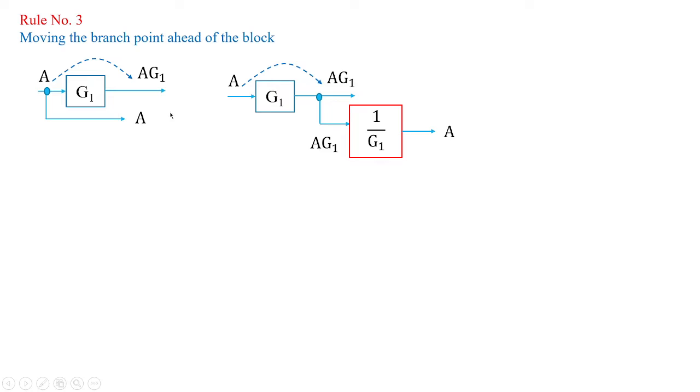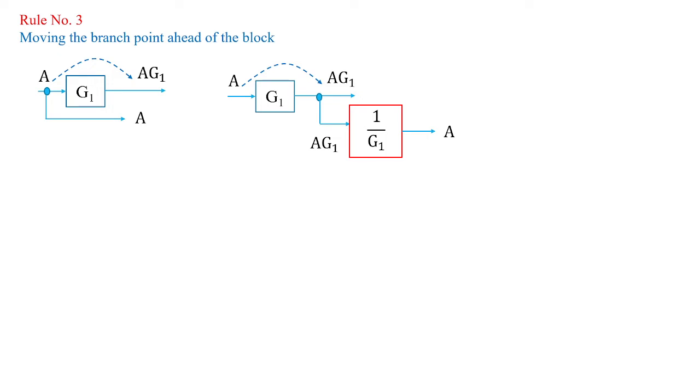So this is one of the major and important rules of block reduction. Like this, we have a set of 2 to 3 other rules which we need to keep in mind. Overall, you may have 10 or 12 rules, but here I have combined them as some 10 rules. The rest of the rules you can easily follow.